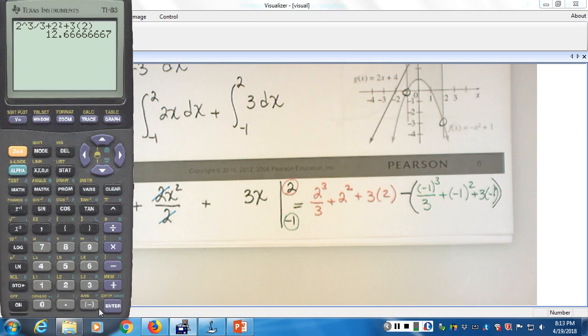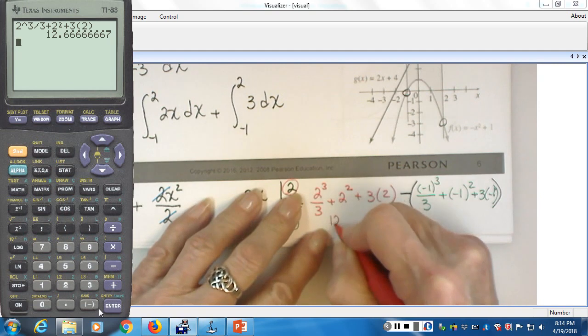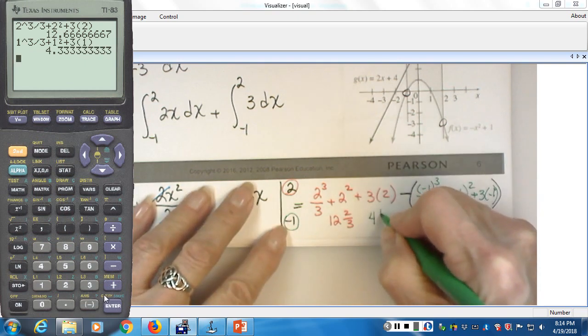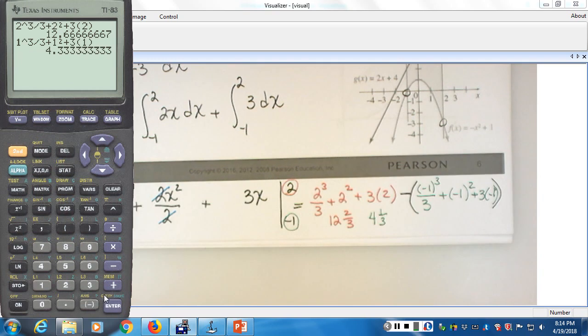That first one is 12 2/3. And the second one is 4 1/3. Two cubed is 8 over 3 plus.